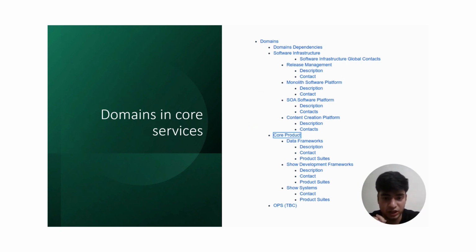These are the domains that core services has underneath it: content creation, release management, data framework, show development, and show systems as well. We are responsible for all the transfer of files and all the databases of files, wherever they are stored. We handle them, refine them further, and solve problems with our innovative ideas.